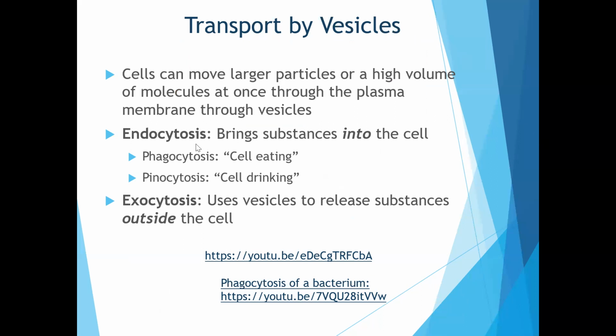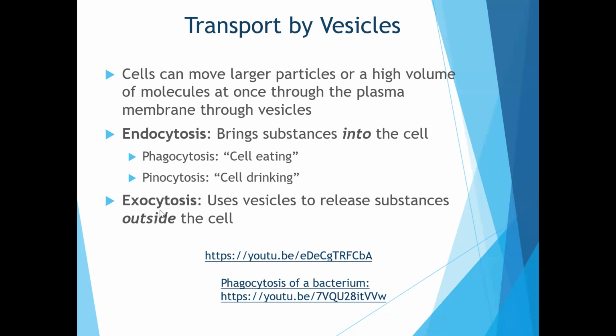So endocytosis is bringing substance into the cell. Endo means in. There's two different ways they can do this. Phagocytosis means the cell is eating something or pulling it in. Pinocytosis is a liquid, so the cell's drinking what it's bringing in.